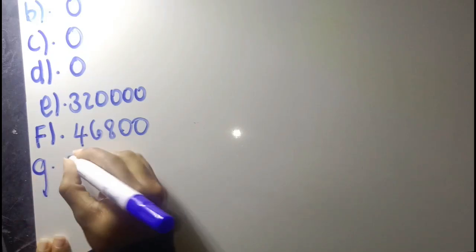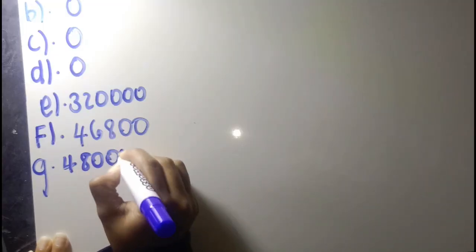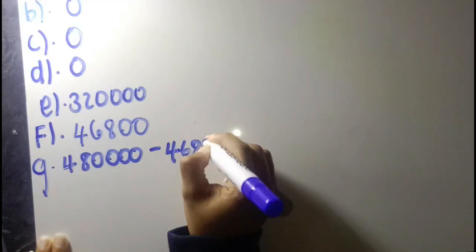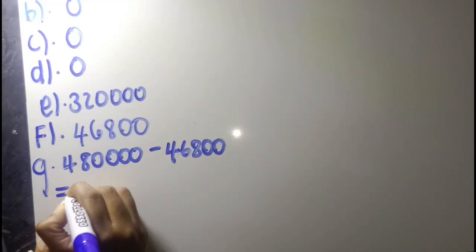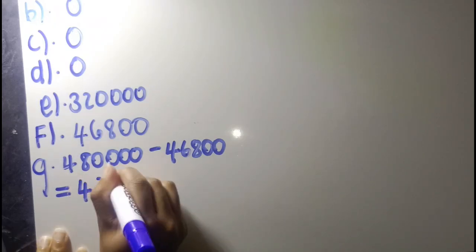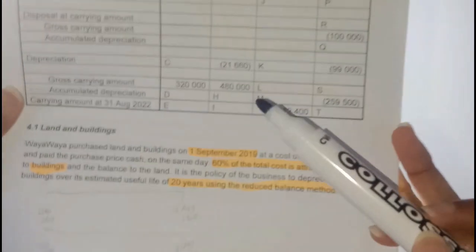All right, for G now, we have 480,000 minus 46,800, and then you're supposed to have 433,200.